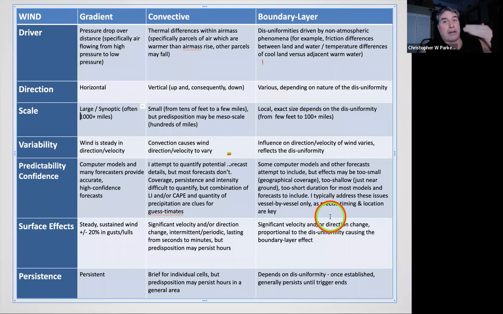But if you look up 1,000, 2,000, 3,000 feet or more in the atmosphere, there is a similar difference in temperature day versus night. So the atmosphere above you in the tropics cools at night.